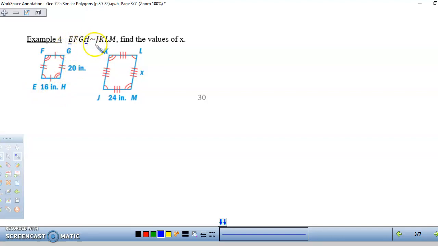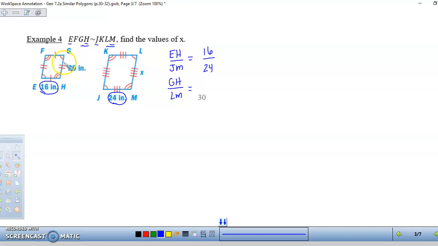EH corresponds with JM, and we know that is going to be 16 to 24. I'll even circle those like I did above. So these correspond. Okay, the 20, the GH, goes with LM.